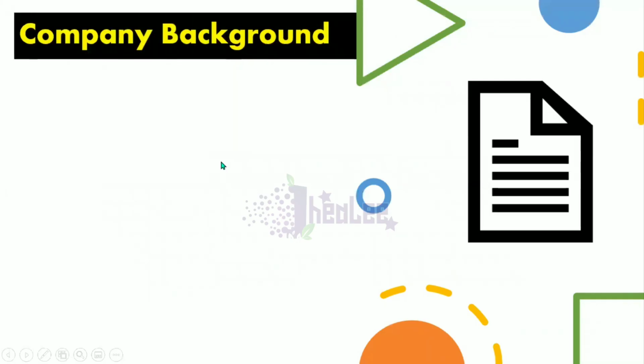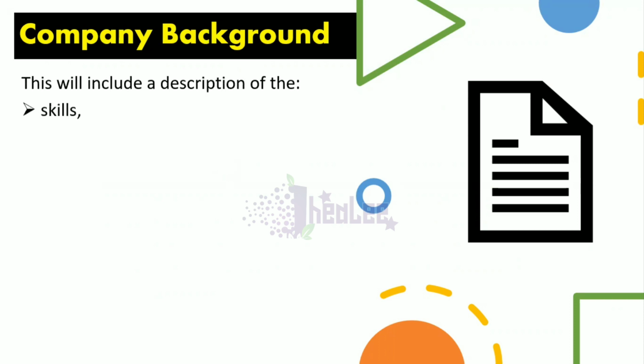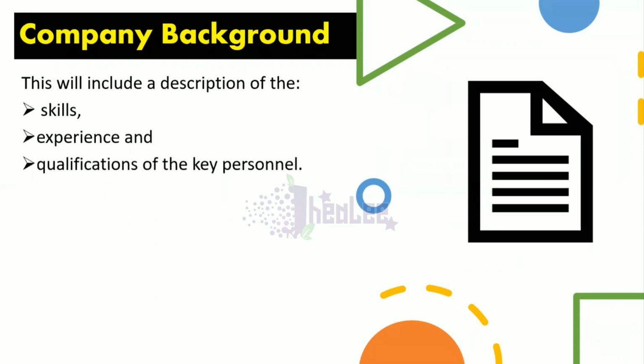A company background includes a description of the skills, experience, and qualifications of the key personnel that are attached to the business. So we're looking at basically the labor that the business will employ. They want to know the skills, the experience, and the qualifications of those personnel.